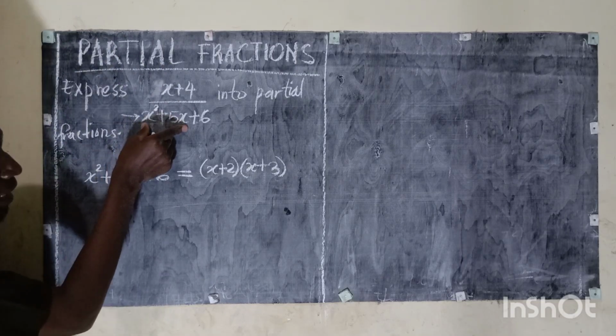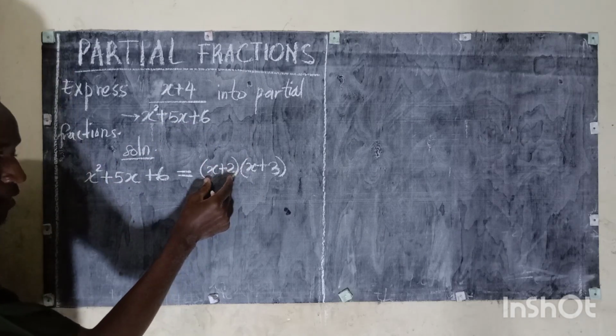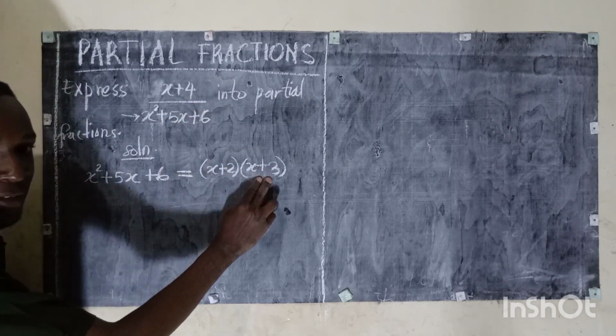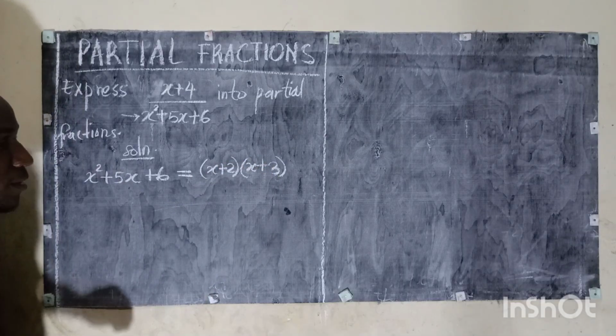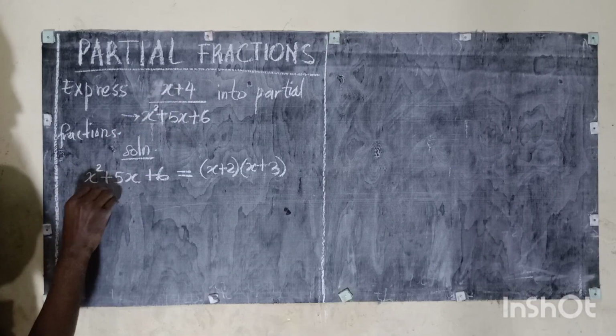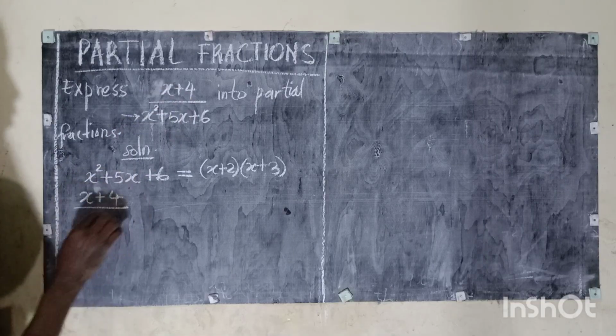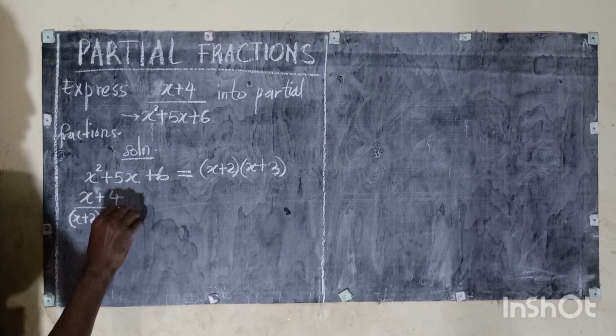So if the denominator is factorizable, we shall always factorize it, and we shall get our linear factors. These two factors are our point of interest. So this will turn into x plus 4 all over x plus 2 into x plus 3.